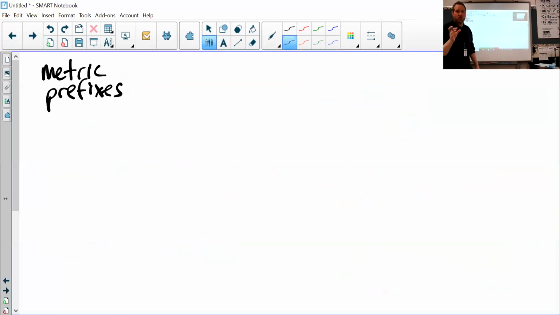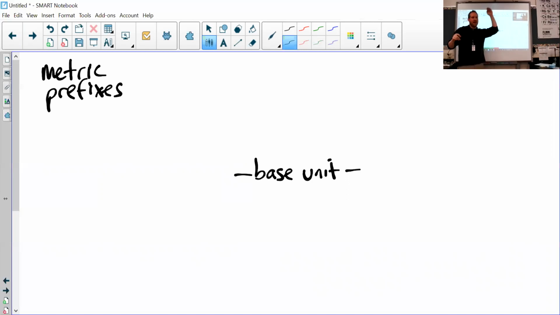Pre meaning before, so prefixes come before the base unit. What I want to do here is mark the base unit, because if you skip the base unit itself when you're counting how many times bigger, it's easy to get that mixed up.